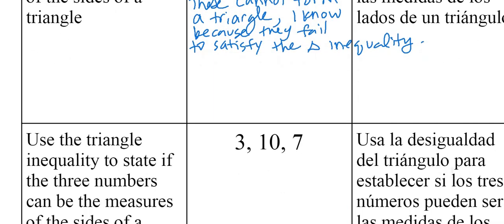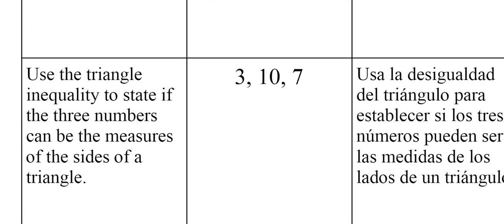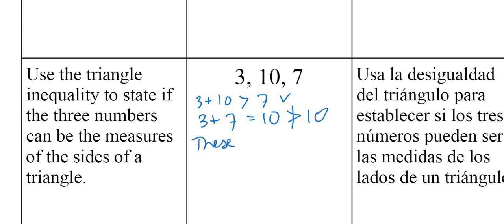Okay, 3 more sides. I've got 3 plus 10, that's greater than 7, which is good. I've got 3 plus 7, well, that equals 10, and 10 is not greater than itself, so these cannot form a triangle.